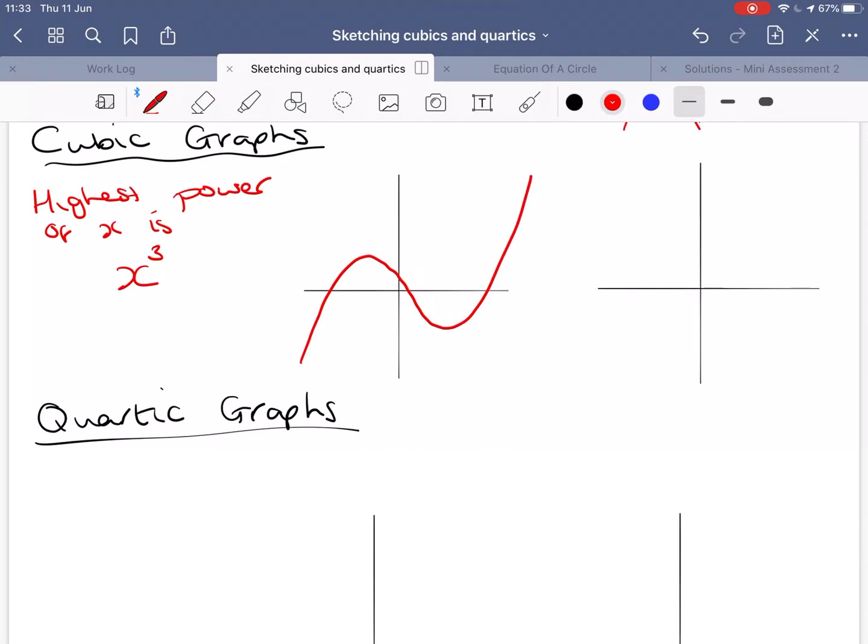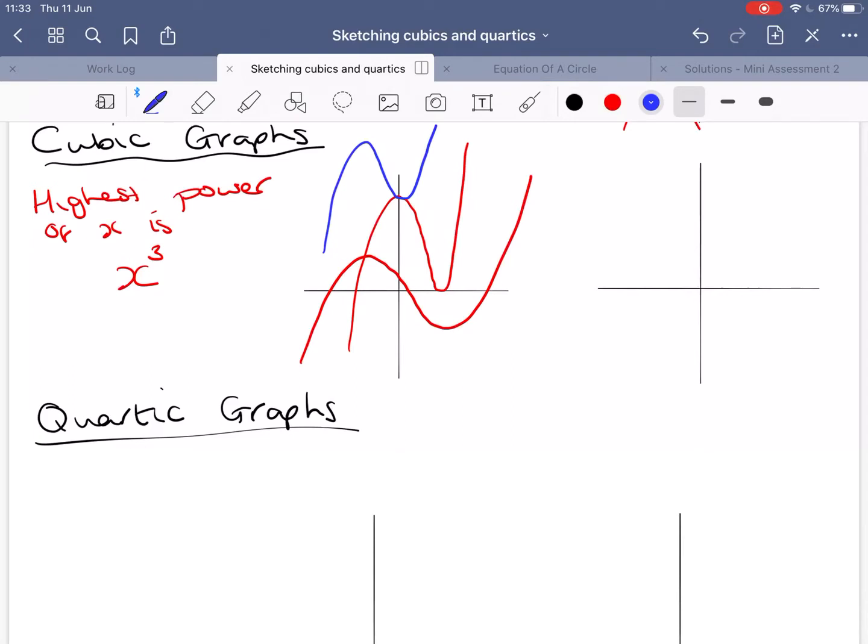And again, that could be anywhere. It could go through the x-axis 3 times. You can have situations where they're quite steep and it might just touch the x-axis and do that. I'll do a different colour one. You might have ones where it never goes through the x-axis, but it always starts in the bottom left, up and over, down and up, and it finishes going high.